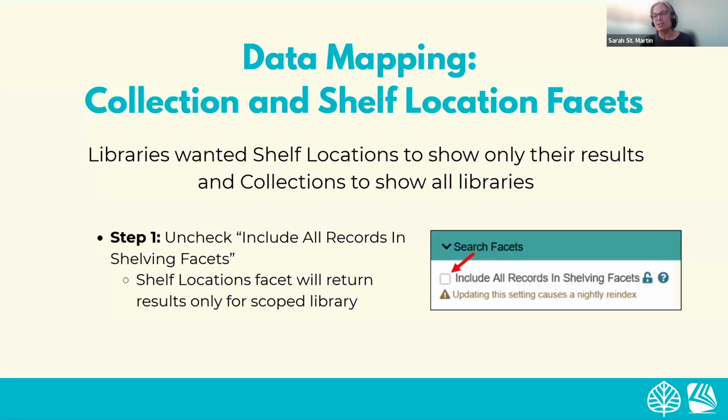So it was making the facet not useful or applicable if the shelf location didn't apply to that library's building. So to do this, step one is we had to uncheck include all records in the shelving facets because this is what ties the shelving and the collection facets together. So unchecking this made it so that the shelf location facet would only return results for that scoped library.